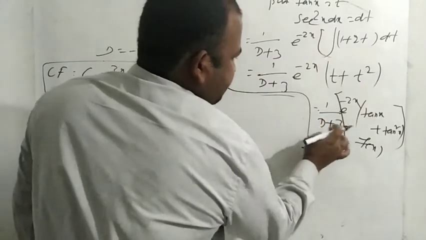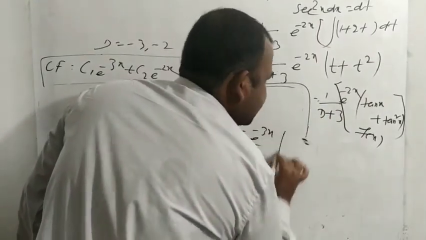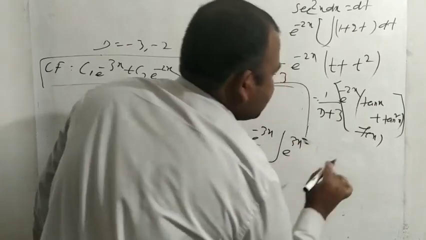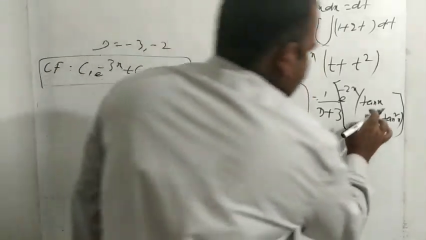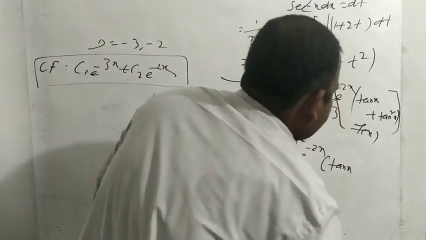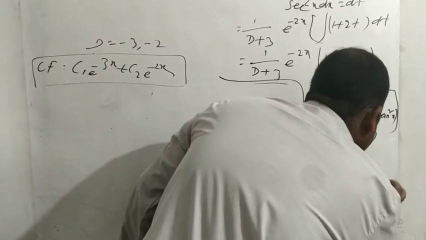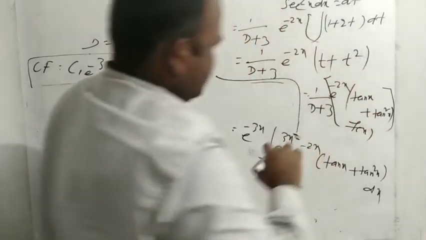So 1 upon D plus a. So this is e raised to minus 3x integration of e raised to 3x, and this is e raised to minus 2x, and this is tan x plus tan square x into dx.